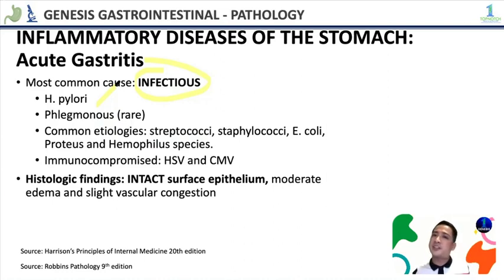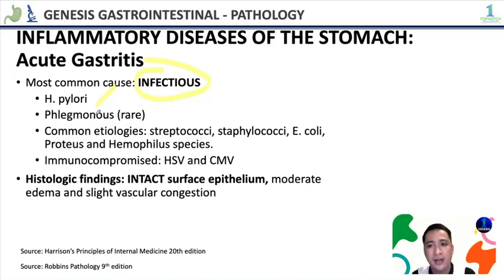For example, the patient can present with epigastric pain, with nausea and vomiting. In severe cases, the acute gastritis can also lead to mucosal erosion, ulceration, hemorrhages, hematemesis, melena, or early massive blood loss.